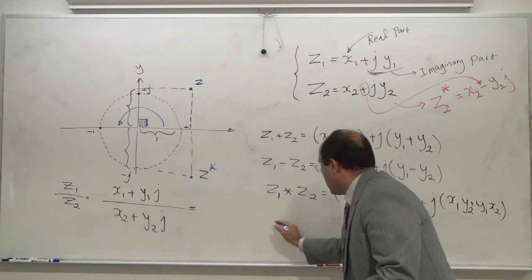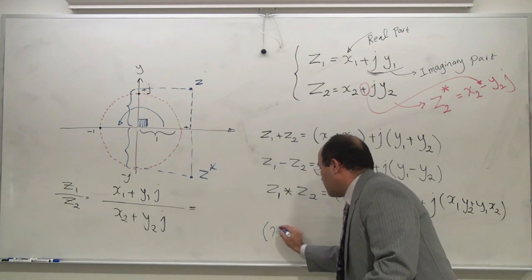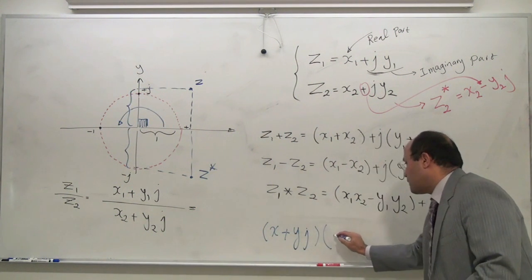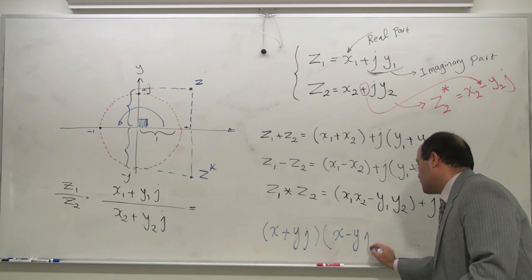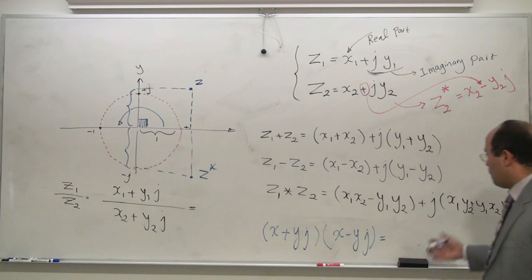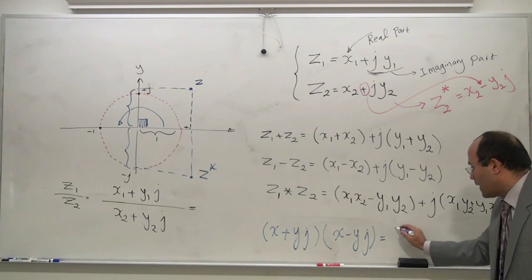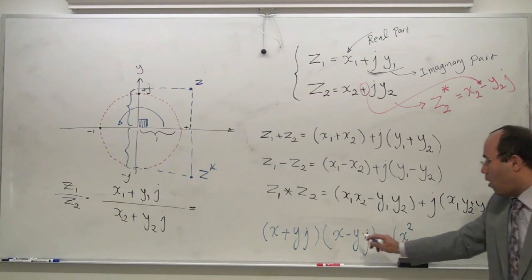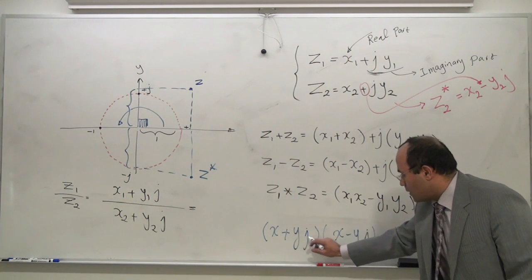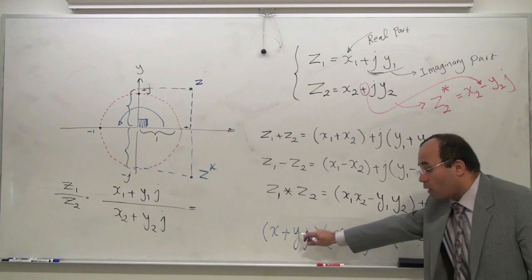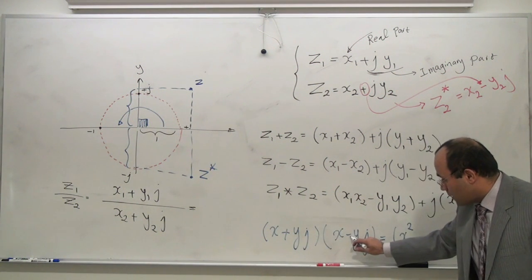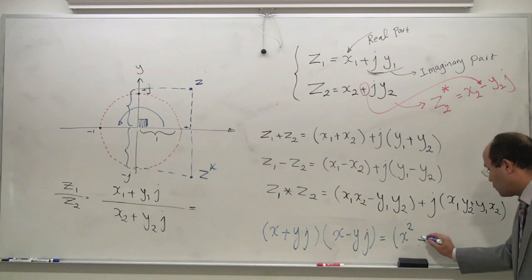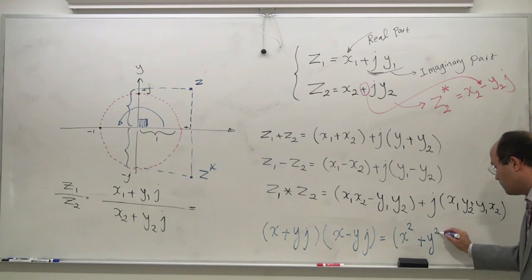Now, if I have a number and I multiply this by the conjugate, what do I get? Well, remember, all the x's are going to be multiplied, and then all the y's. You can see yj, yj, it's going to be y squared. You have a minus sign, and jj is going to give you another minus sign, so it's going to be plus y squared.